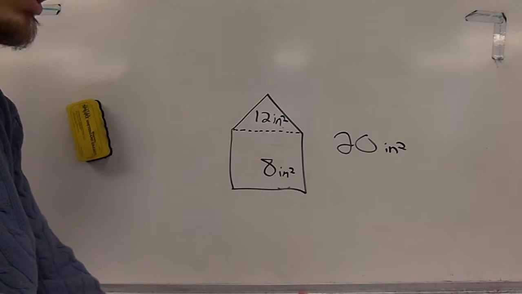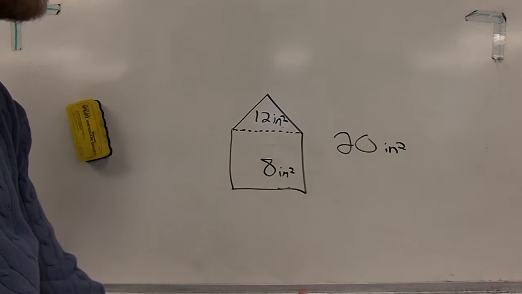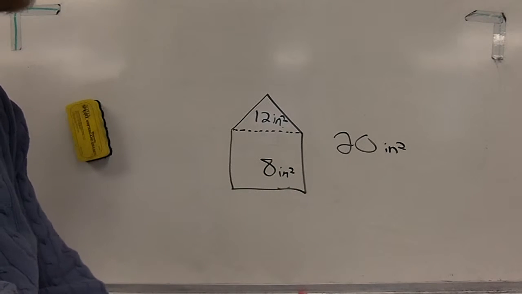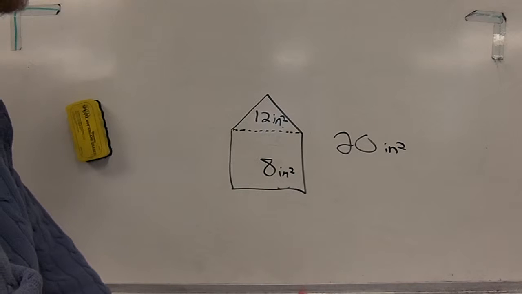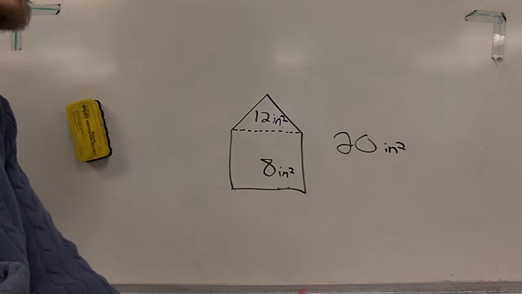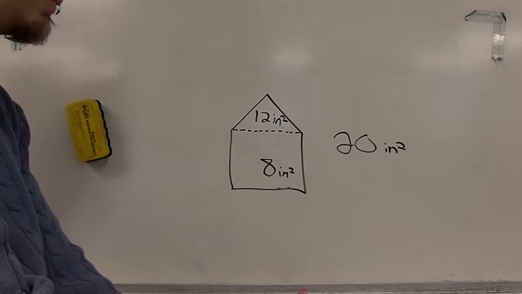Now in some of the pieces you're going to be looking at, you're going to have much more complicated figures that may need to be split into 3, 4, or 5 pieces. And so you're going to want to be good about your lines, and you're going to want to pay attention to the information they give you. What lengths, widths, and height have they given you? What dimensions have they given you that you can work with?